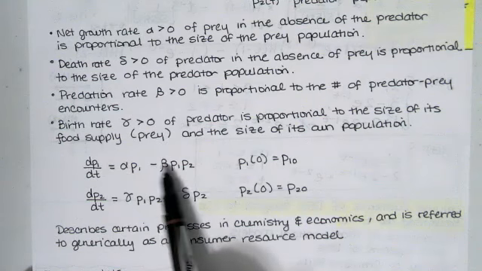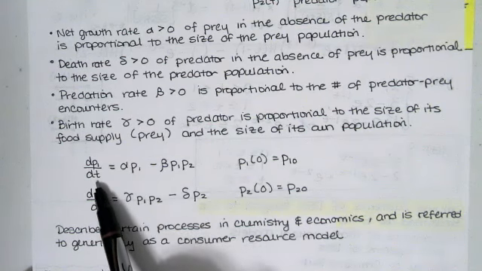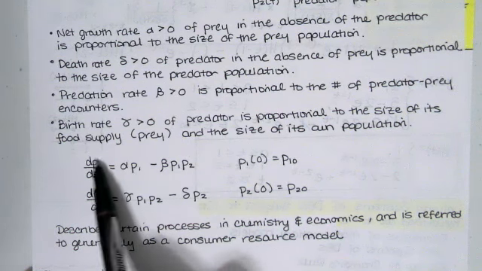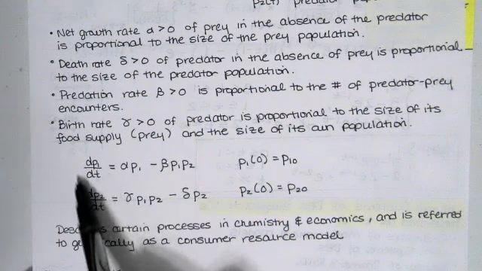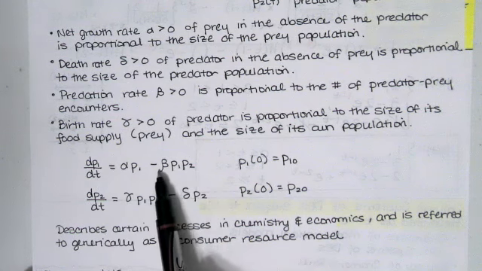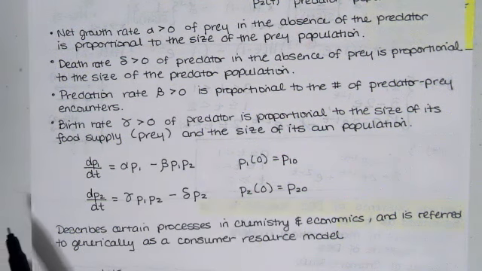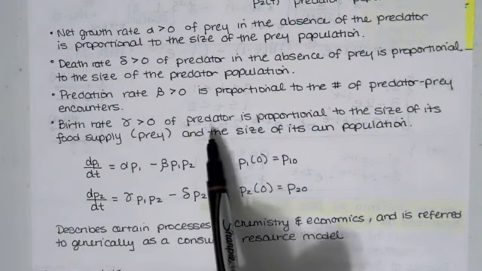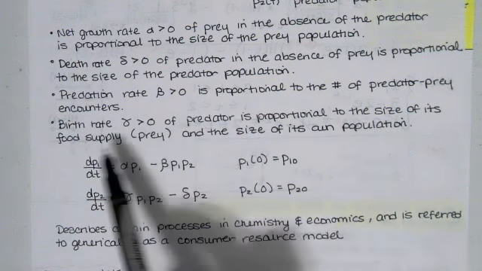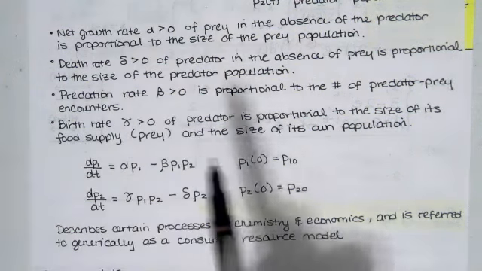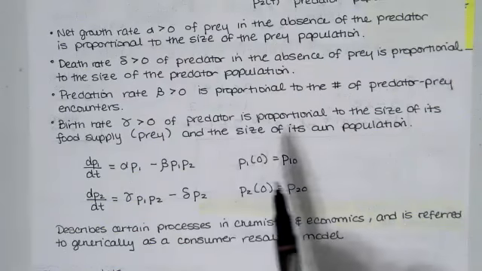Now that's going to decrease the rate of change of the population of prey. Every time these guys get together, the population of prey will decrease at a rate beta, which is greater than 0. Now, the birth rate of predators is proportional to the size of its food supply and the size of its own population.